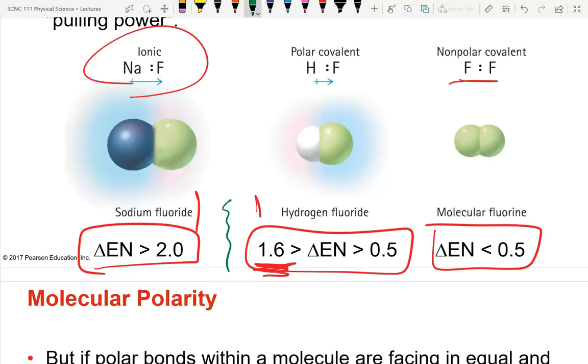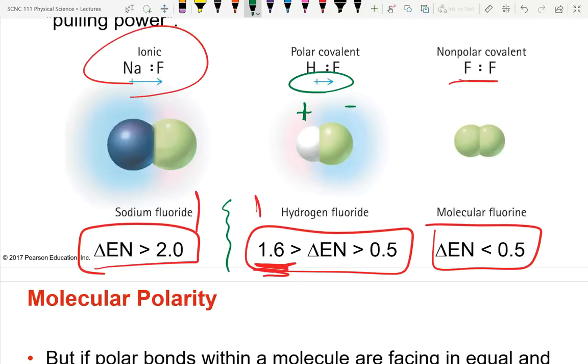It's going to yank it over. And so the fluorine's going to have the negative charge. And thus the hydrogen, losing most of the control of its electron, has a positive charge. So then you have a polar molecule with the hydrogen side being the positive and the fluorine side being the negative, which is what this symbol is indicating. The arrow is the direction of the negative. The plus sign is the direction of the positive.